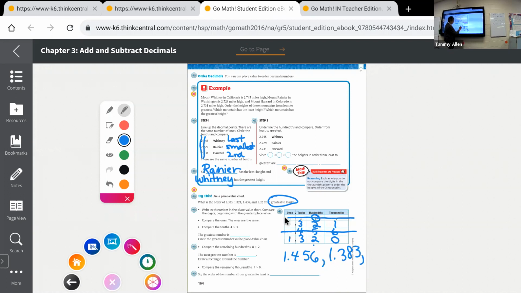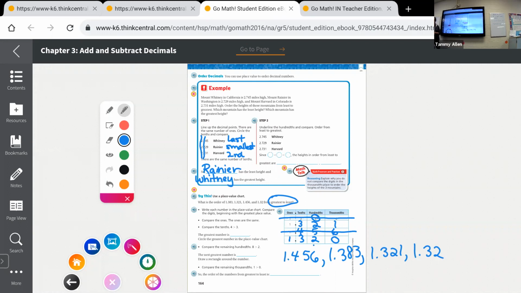So now we're done with that one. And now we move on to the thousandths. We have a 1, we have a 0 or nothing, right? The 1 is definitely bigger than nothing, so that would be our next one. Leaving us with 1 and 32 hundredths as our smallest.